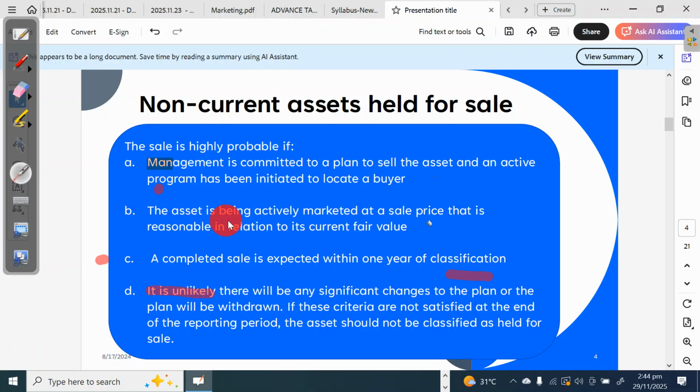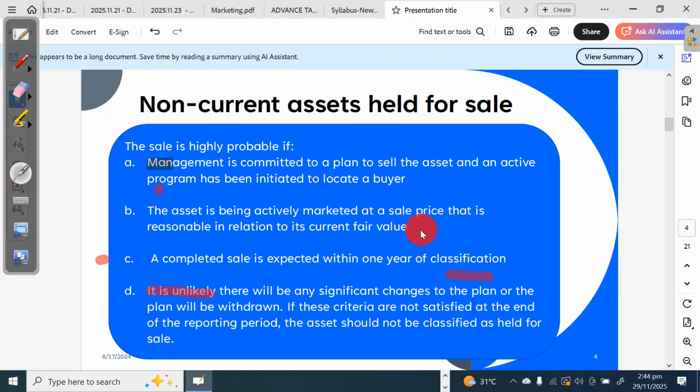And number two, if they are selling the assets at probably an outrageous price, it may take longer to even find a buyer, or they may not find a buyer at all.